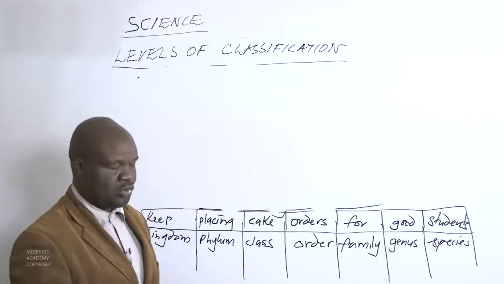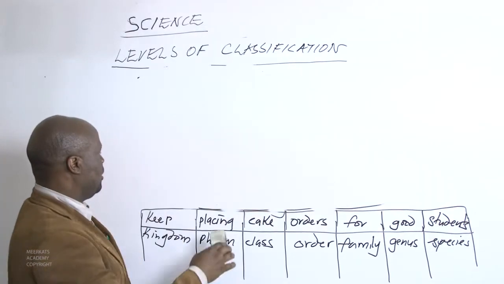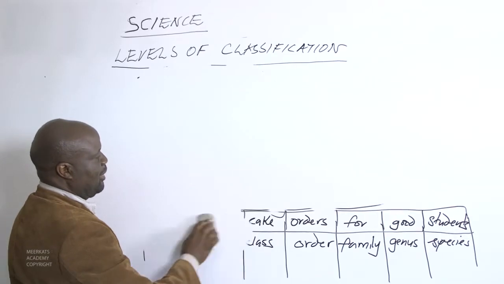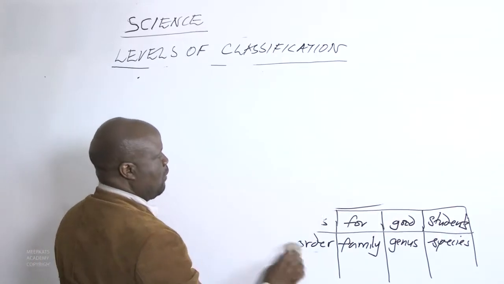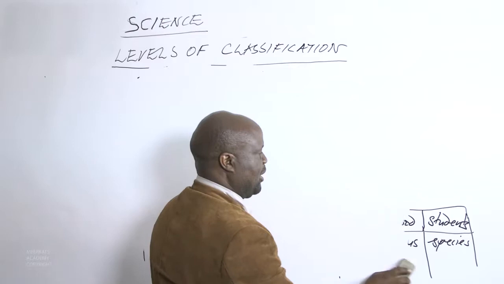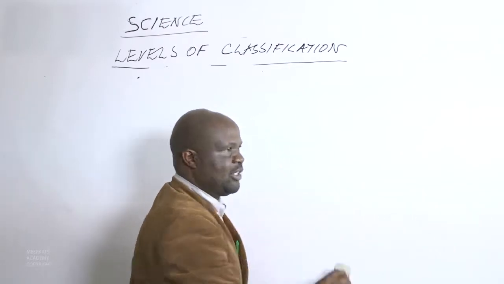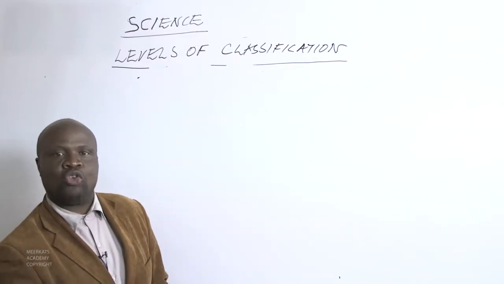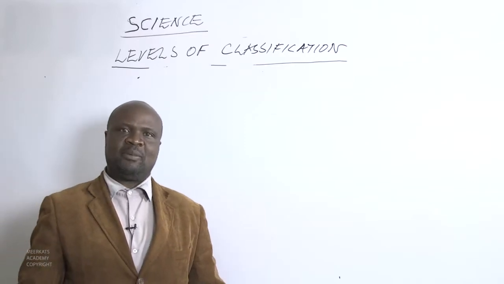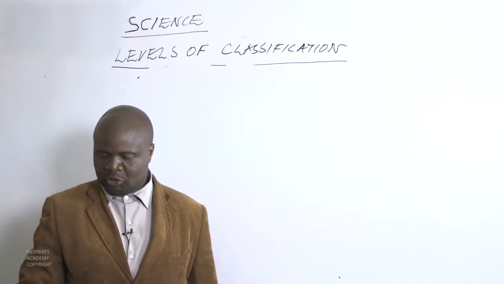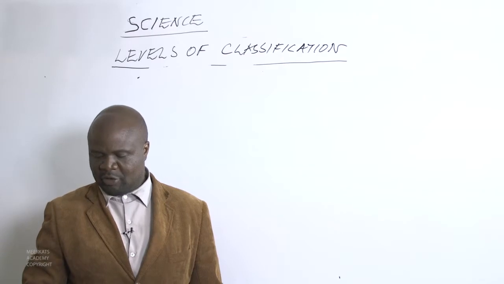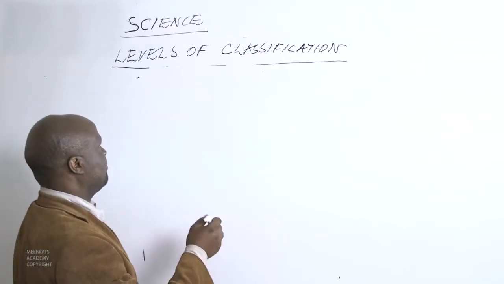Now, we want to deal with the classification of animals within the Australian country, how the first Europeans came, and when they landed, they almost classified each animal that they came across. So, classification of Australian organisms.